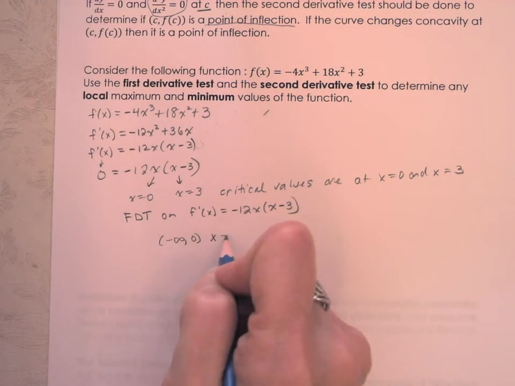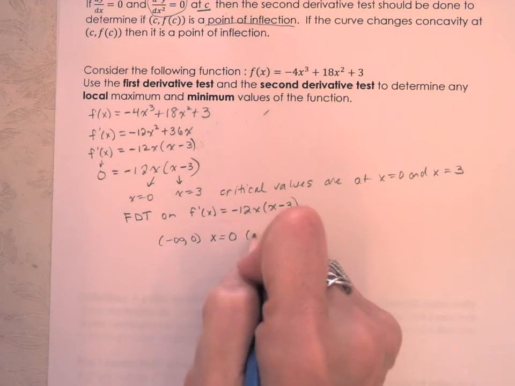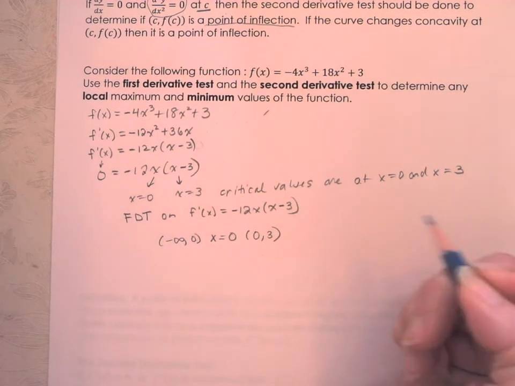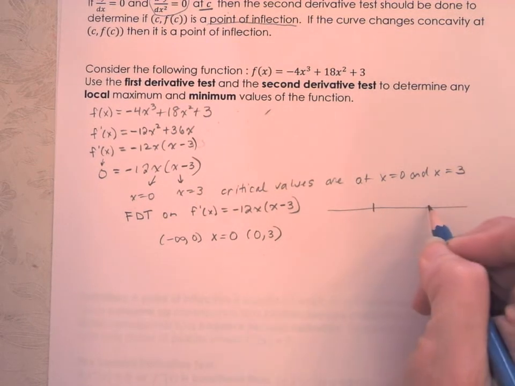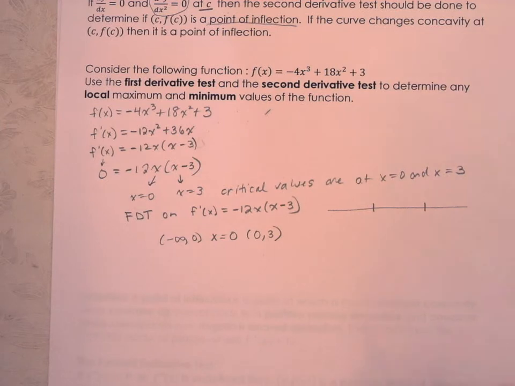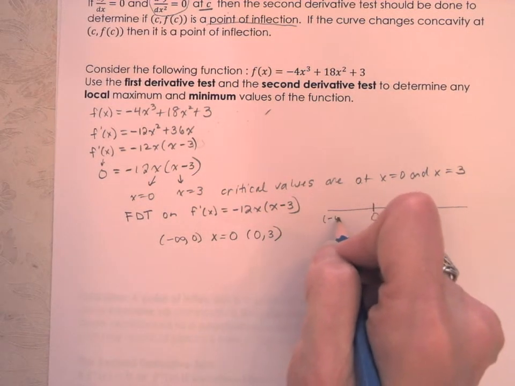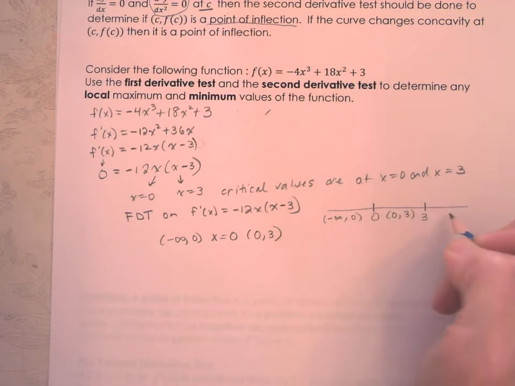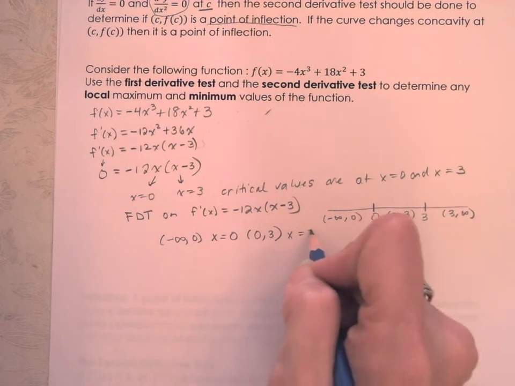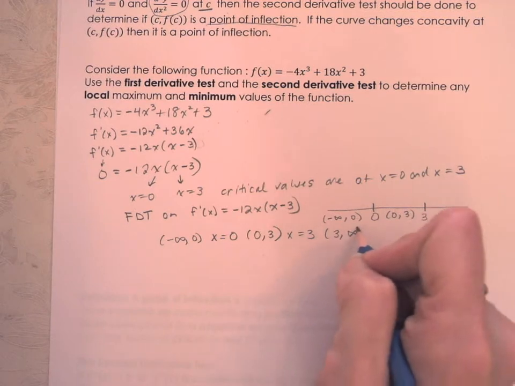And then we want to know what our first derivative is at x equals 0. Our second interval is going to be from 0 to 3. Remember, we're splitting up the domain using 0 and 3. So this is our interval negative infinity to 0, this is our interval 0 to 3, and our interval 3 to infinity. We want to know what our derivative is at x equals 3, and then at 3 to infinity.